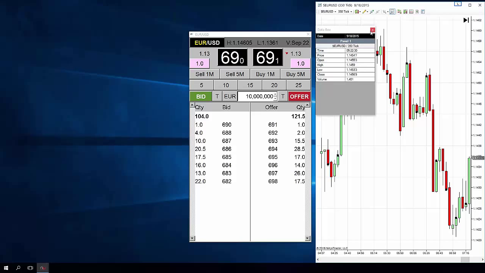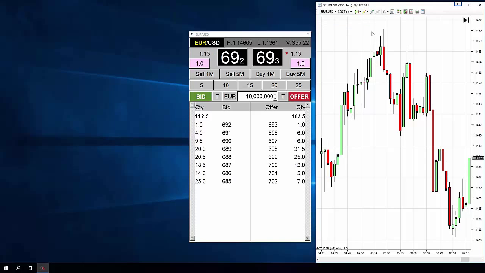And another thing is, with MT4 you don't have the ability to place your trade inside the spread. On other platforms you can.